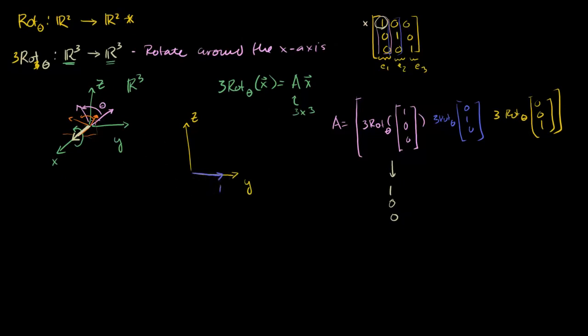And then when you rotate it around the x-axis, you could imagine the x-axis is just popping out of your computer screen. So I could draw it like this, just like the tip of the arrow, popping out. Instead of drawing it at an angle, I'm drawing it straight out of the computer screen. So if you were to rotate this blue vector right here by an angle of theta, it'll look like that. And we've done this in the previous video.